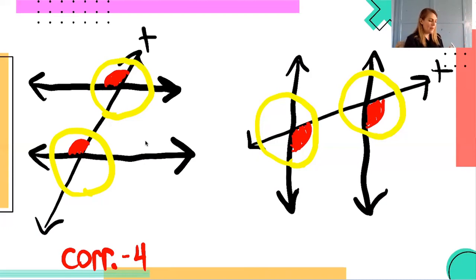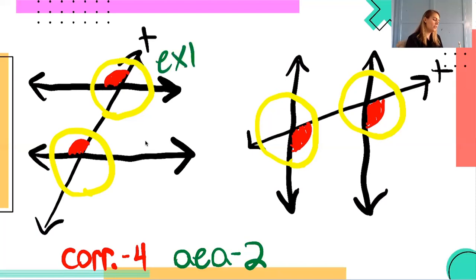The next type are my alternate exterior angles. I'm abbreviating. Each one has 2 sets of these. So what you need to know is I like to think of it as like an Oreo cookie. So there's the exterior on the outside.